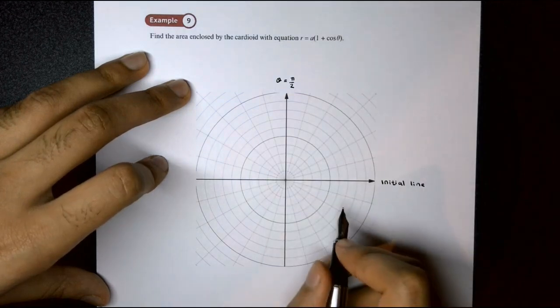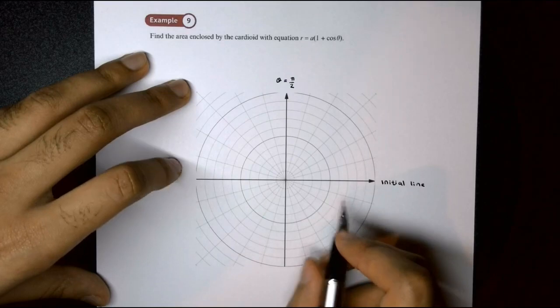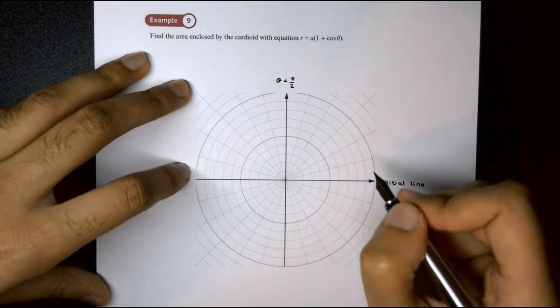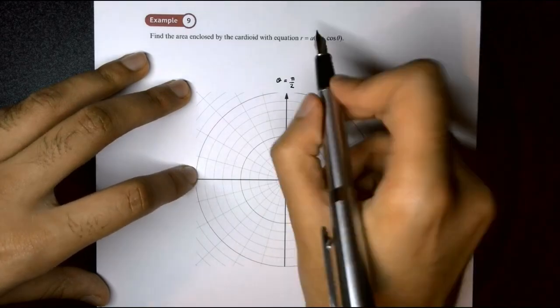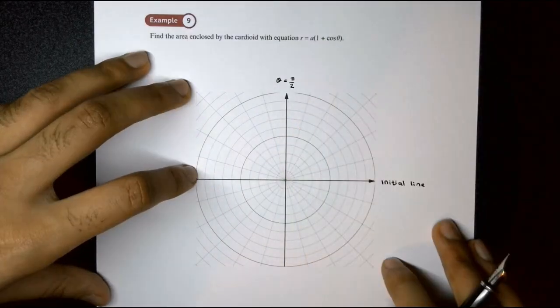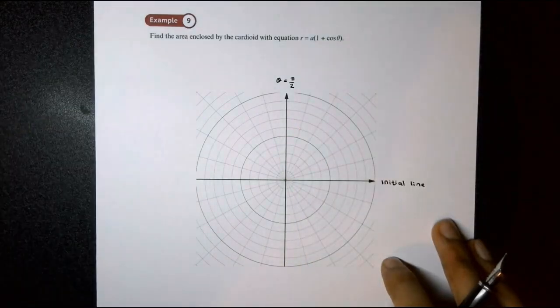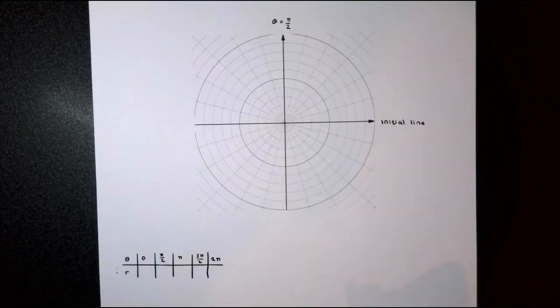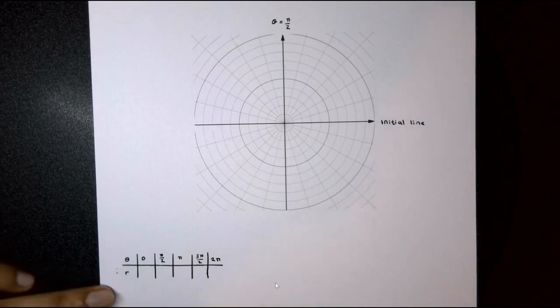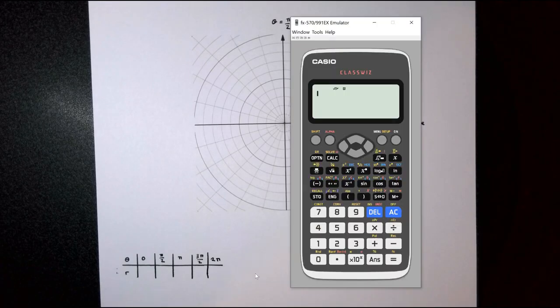So when we come to sketch, what we have first of all, if we construct a table between 0 and 2 pi for values of theta, we have a table looking something like this. Now on our calculator we have 1 plus cos theta, so we need to try out these different values of theta.